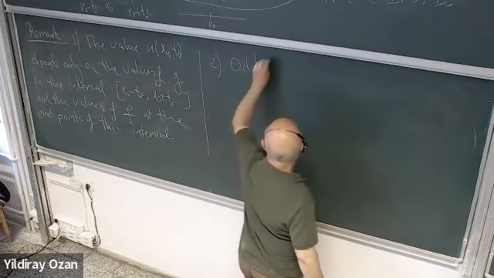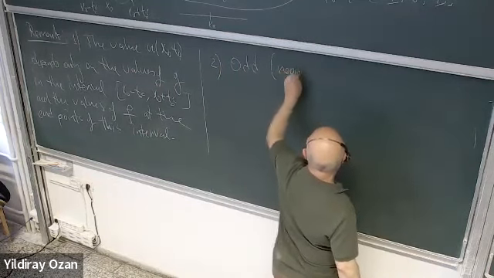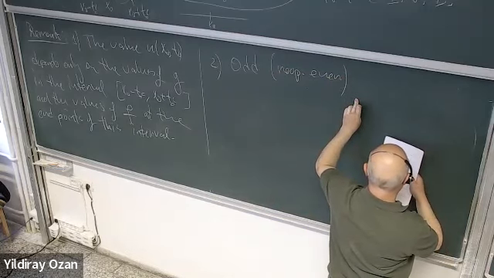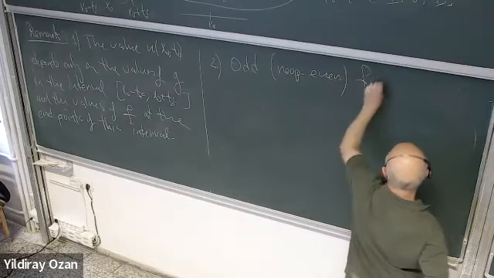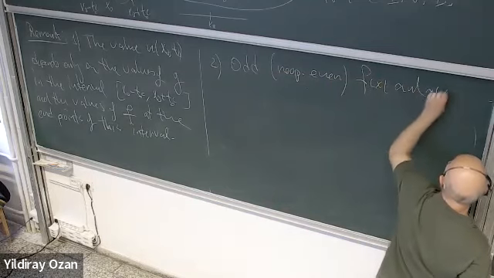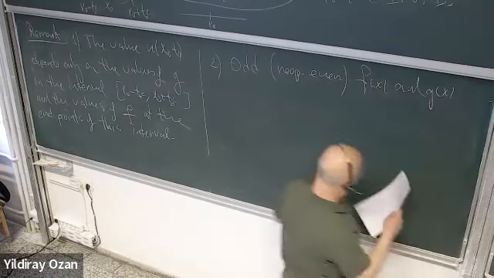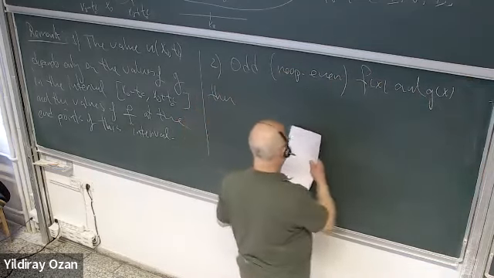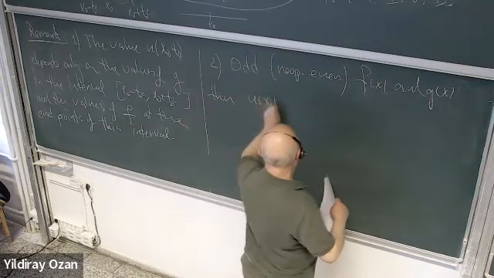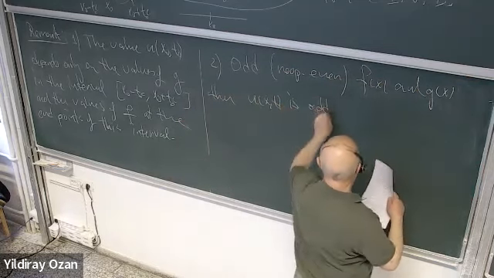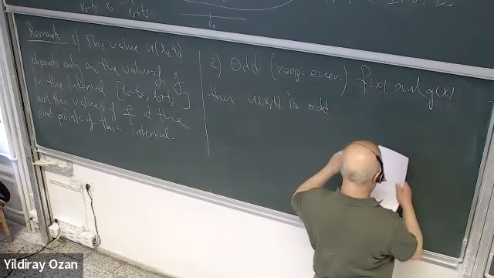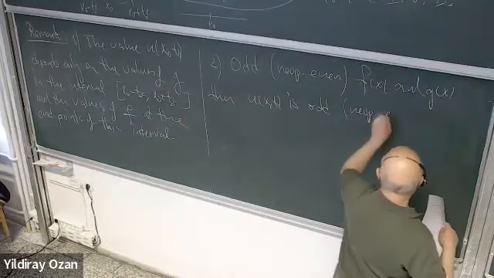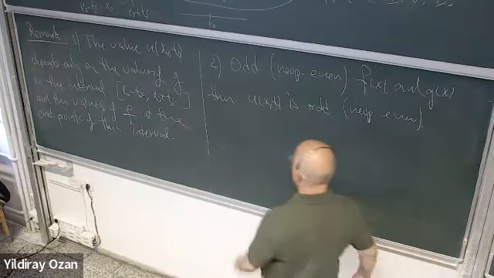Odd, respectively even, f, g of x. So if this initial data are odd or even, then u(x,t) is odd, respectively even.